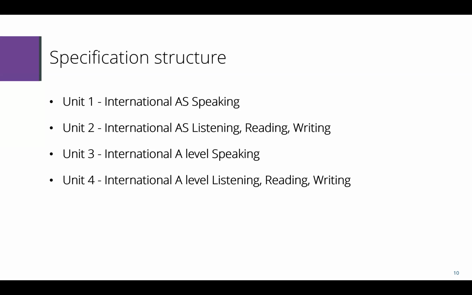But then if they want to go on to get the full international A-level qualification, they need to be able to do Unit 3 and Unit 4. So we're going to look at each of those units in turn and have a look at what is required. But you'll see actually that they mirror one another. So the 2 units that exist for the AS are then mirrored again in the, as it were, the A2 stage.